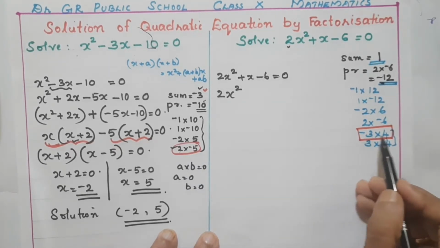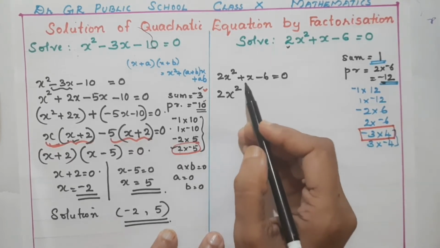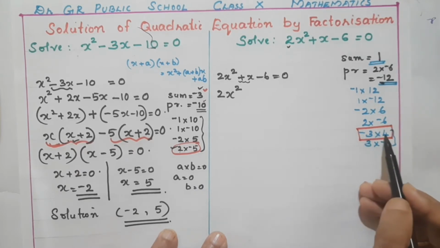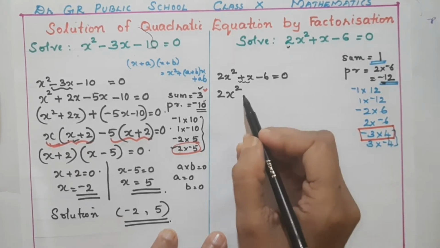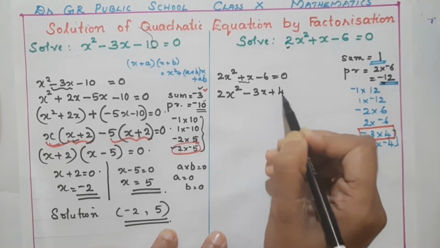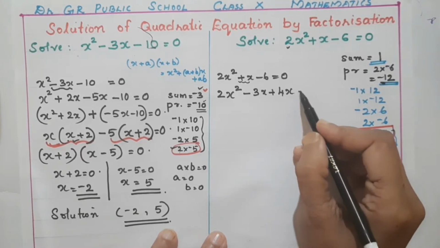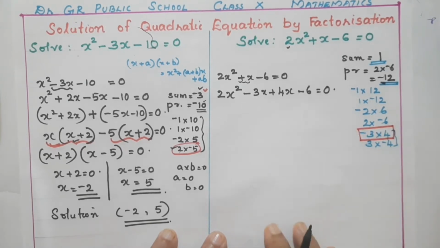Now we have to apply the sign of these numbers. Okay, no need to think about this given sign. We can use these suitable pair numbers' sign. So I am writing minus 3x plus 4x. Then the last term also we have to write as the same number, minus 6 equal to 0.